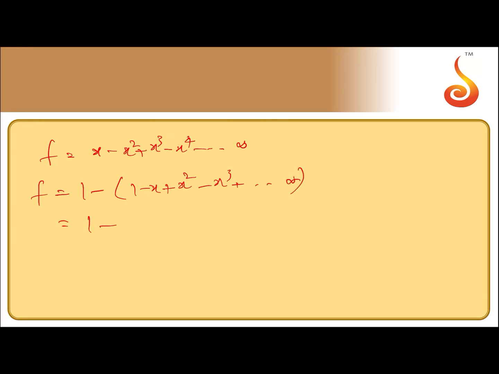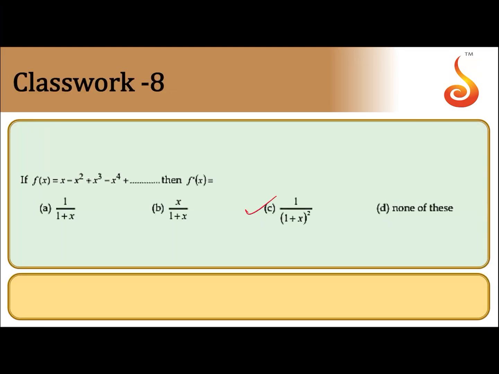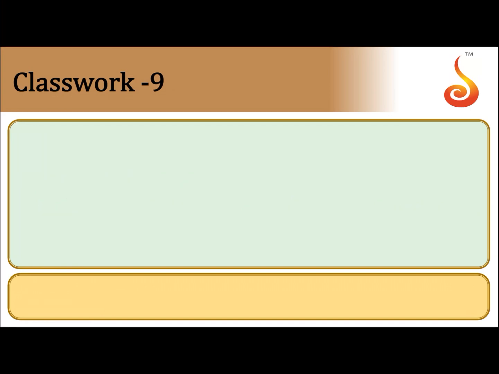I'm adding and subtracting 1, so that this is nothing but (1 plus x) taken whole to the power of minus 1. Therefore the derivative of this is 1 derivative 0 minus 1 into minus 1 (1 plus x) to the power of minus 2. So the answer is 1 by (1 plus x) taken whole square.